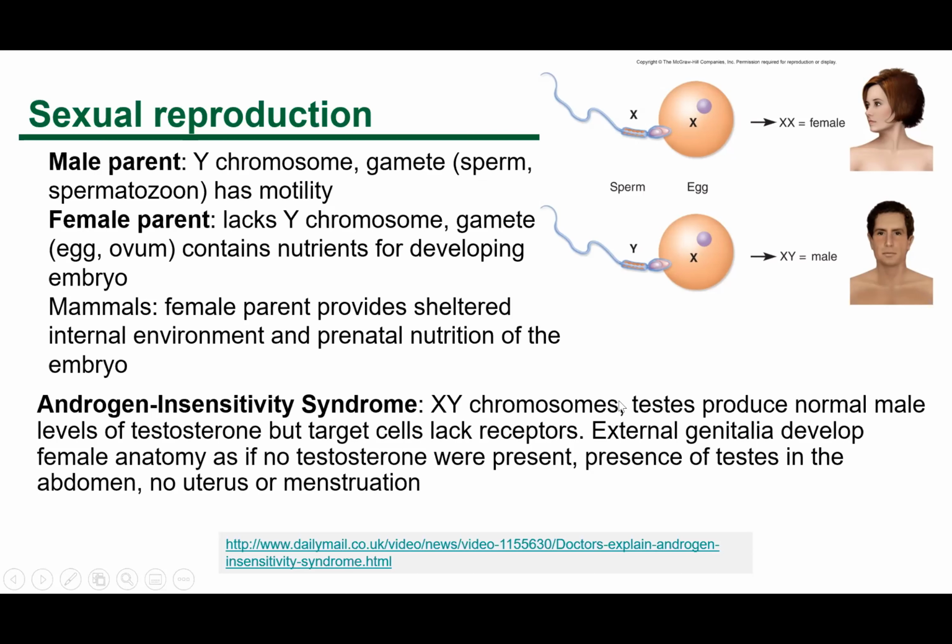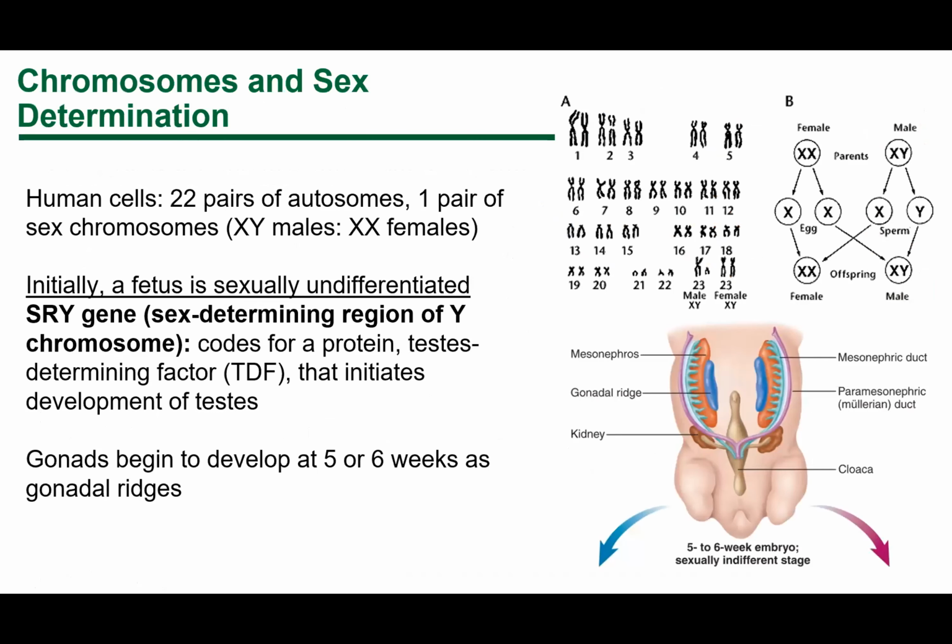So even though there are testes present, the external genitalia develop as female. Usually no one notices this until the time for puberty and first menstruation, menarche, comes and goes, and then it gets checked out. So it's often not even noticed until later in development.